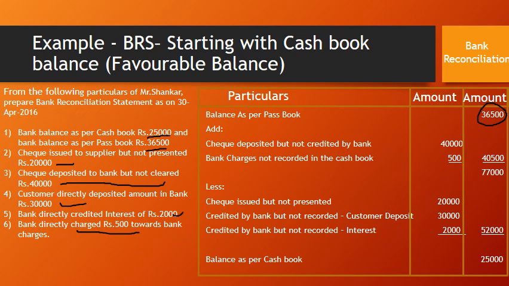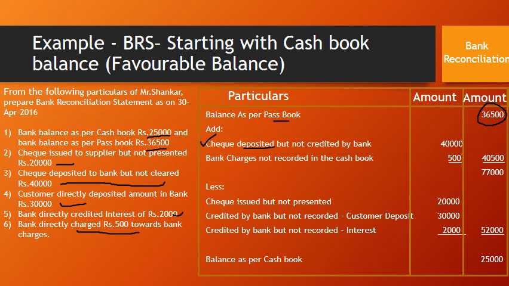Correct? This transaction is already recorded in the cash book, but not in the passbook. If this transaction is recorded, it is a receipt, a deposit, right? So 36,500 plus 40,000 becomes 76,500.